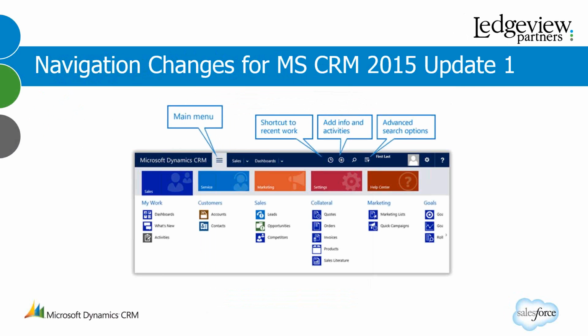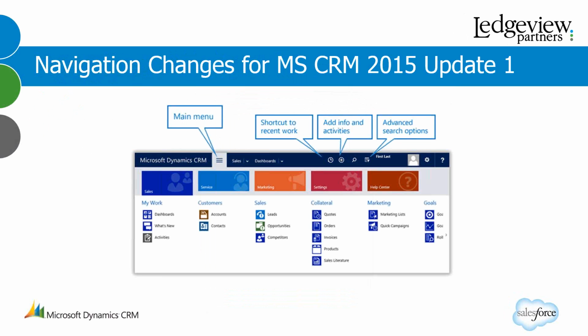It'll pull up your main sections, sales, service, marketing, whatever your organization happens to have. And then when you click on each of those sections, it will drop down and show you your entities. So for sales, it would show accounts, opportunities, leads, contacts, etc.